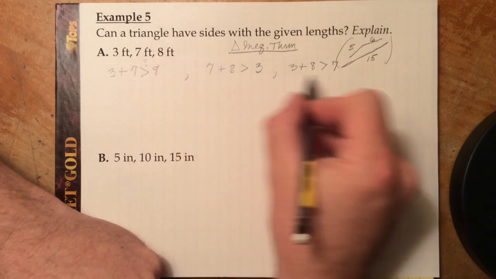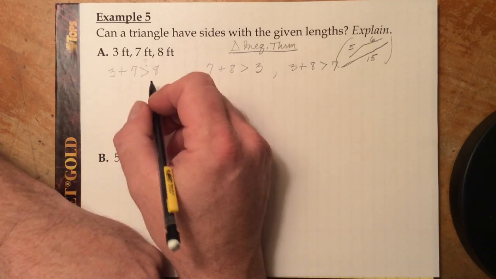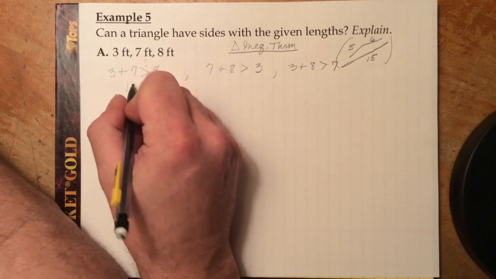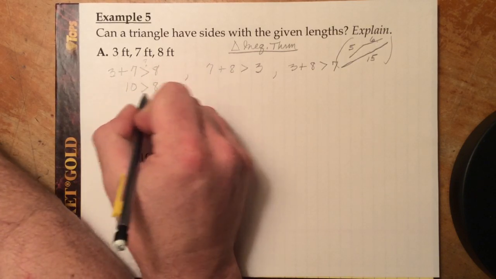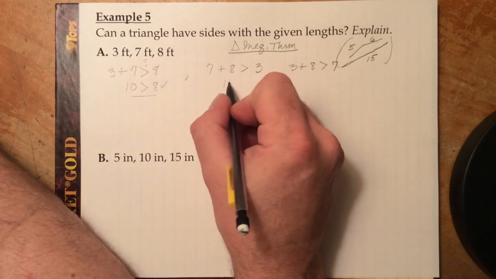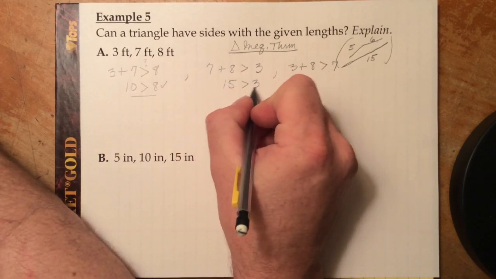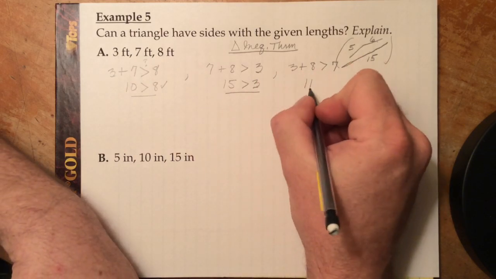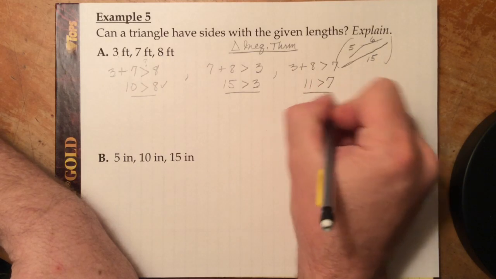So solving each one of these inequalities, very similar to the way we solve equations. 3 plus 7 is 10, is greater than 8. That works. It's true. 7 plus 8 is 15. It's greater than 3. That's true. 3 plus 8 is 11, and it's greater than 7. And that's true.